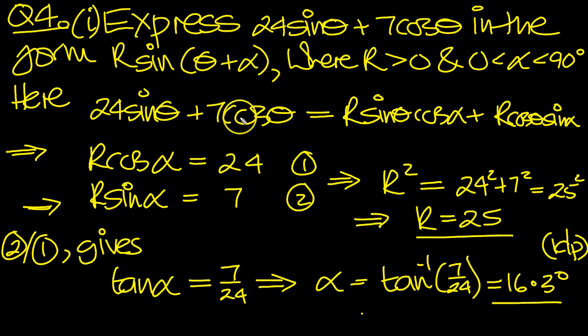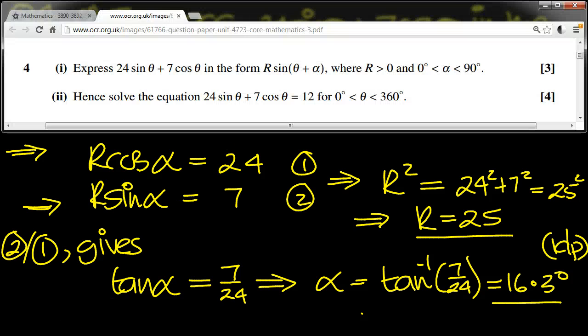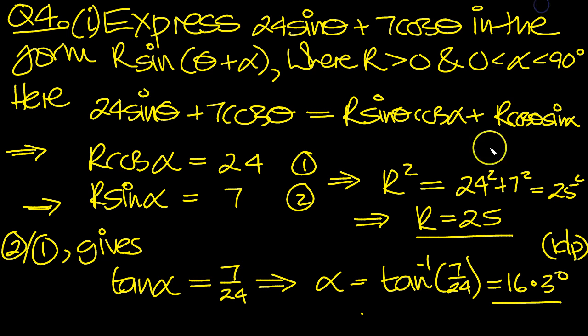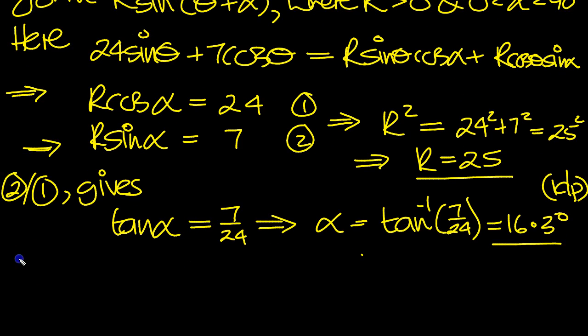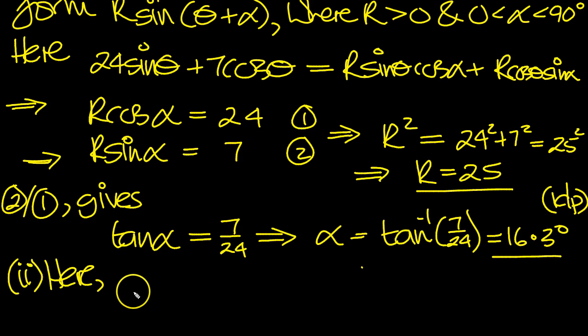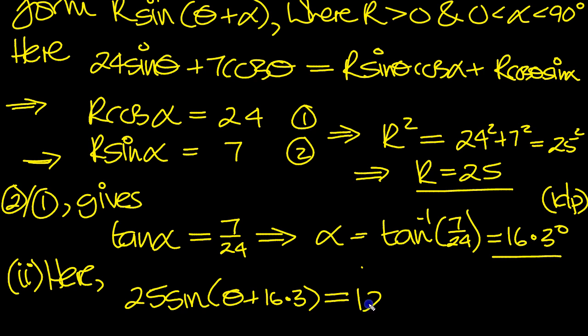Okay, so now we need to solve this equation. Part 2 is when this thing here equals 12 for theta between 0 and 360. So part 2. So here, we've got this thing r sine, that's 25 sine of theta plus alpha, and we know alpha is 16.3 degrees, is equal to 12.